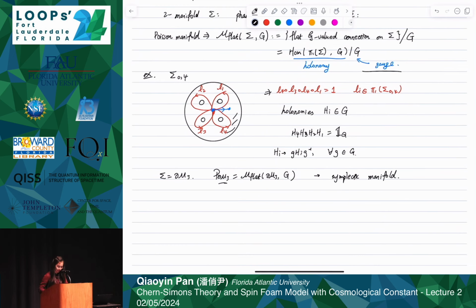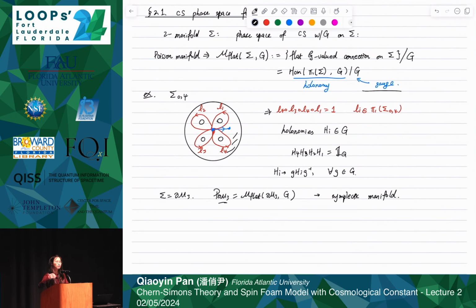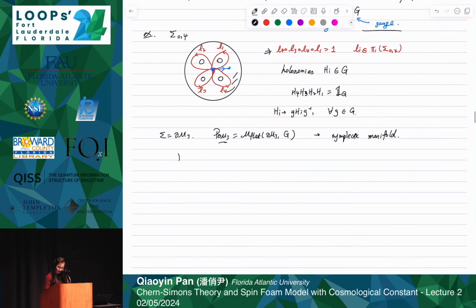On this phase space, because we study the Chern-Simons theory on the three-manifold, the flat connection on the boundary means that the curvature of the connection is flat. But that the boundary is flat doesn't mean that the bulk is also flat. If I require the bulk to be flat on this three-manifold, then I will get a submanifold of this symplectic manifold.